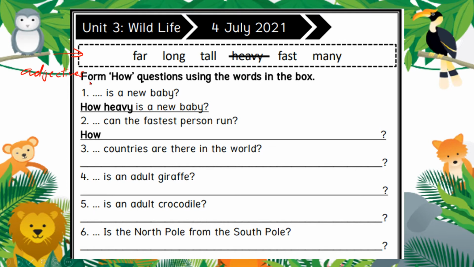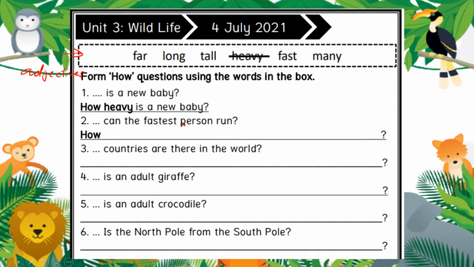So what you need to do is you need to form how question using the words in the box. Awak kena buat soalan menggunakan how, menggunakan adjective yang telah diberi ni. Okay, number 1 is already given. The question is is a new baby, and the answer is how heavy is a new baby. Okay, what about number 2?